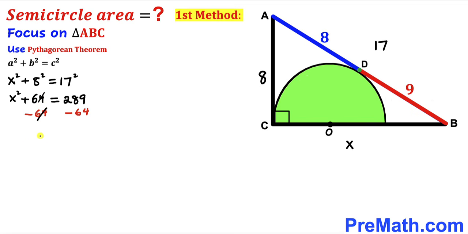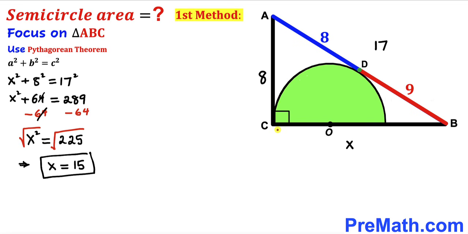So x square value turns out to be equal to 225. Now I'm going to undo this square by taking a square root on both sides. So we could see that our x value simply turns out to be positive 15 units. Thus this BC side length, which is represented by x, turns out to be 15 units.